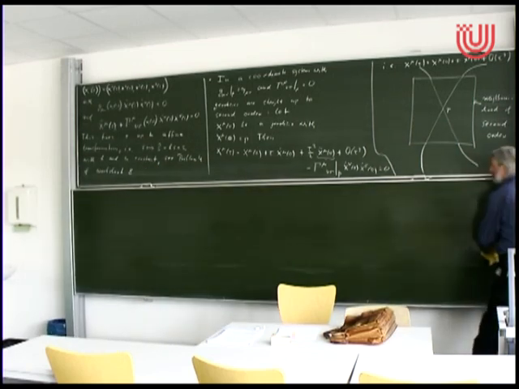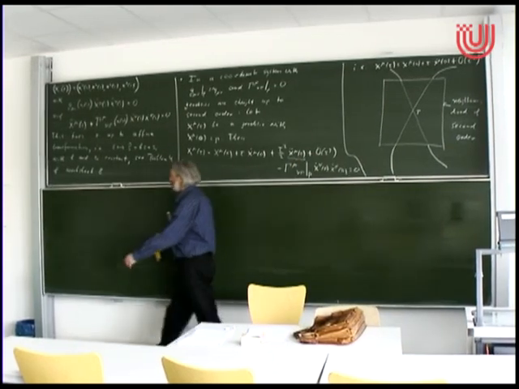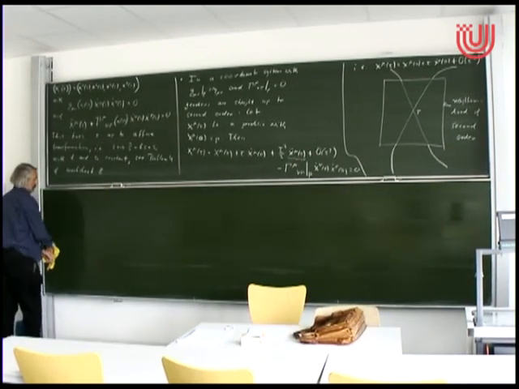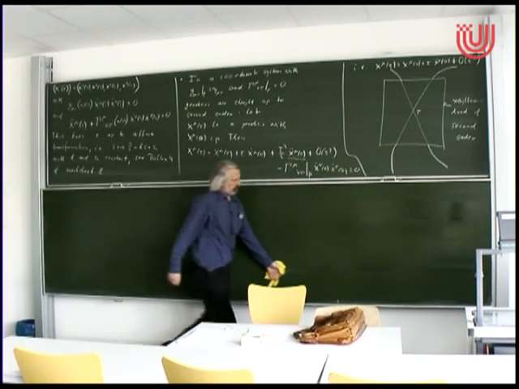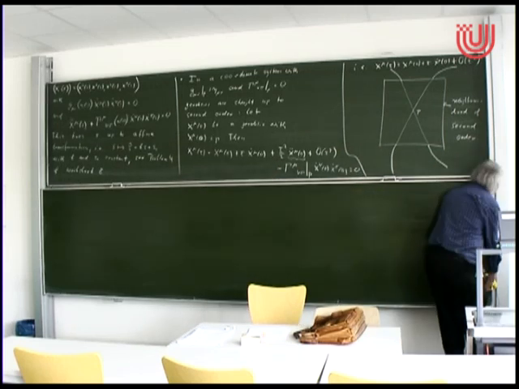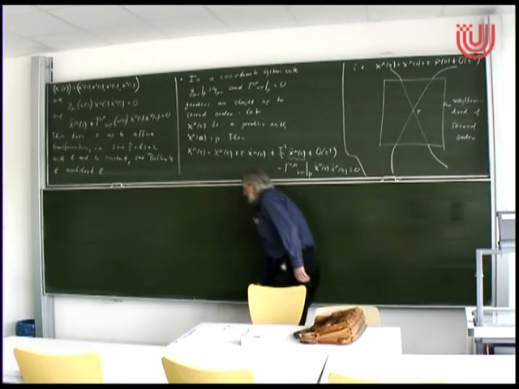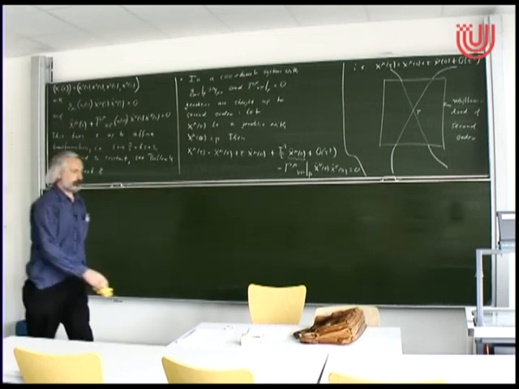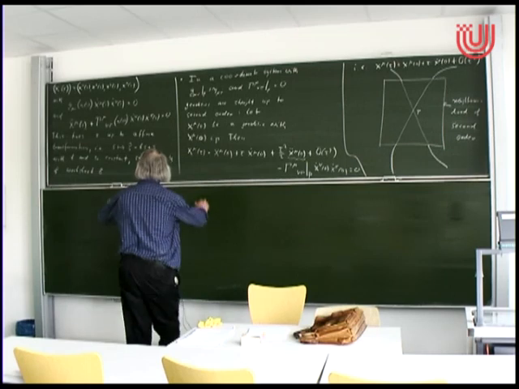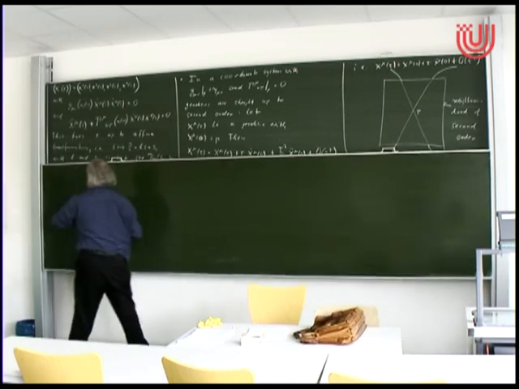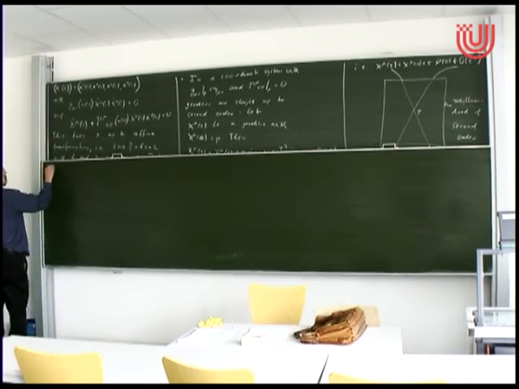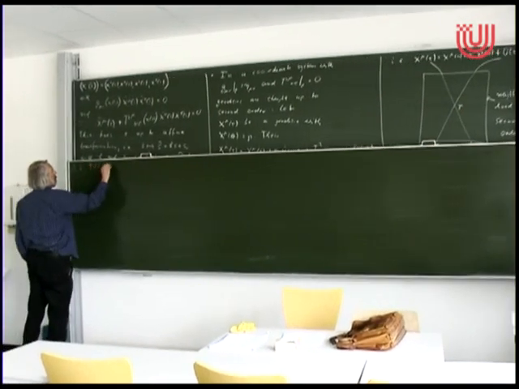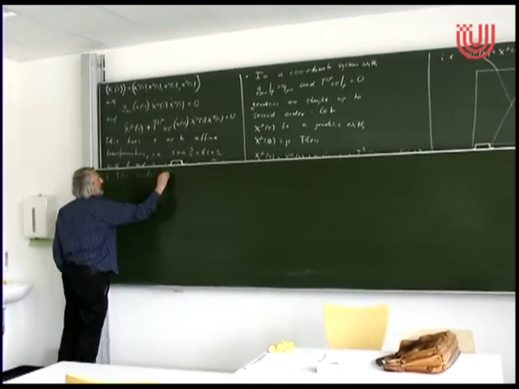And then in the next section, we will deal with Einstein's field equation. So that's 5.2. The rule of minimal coupling.